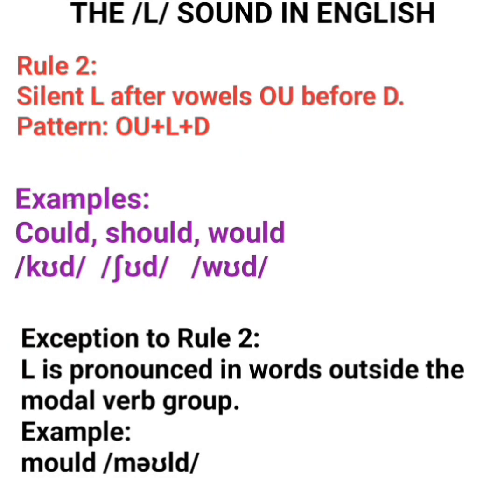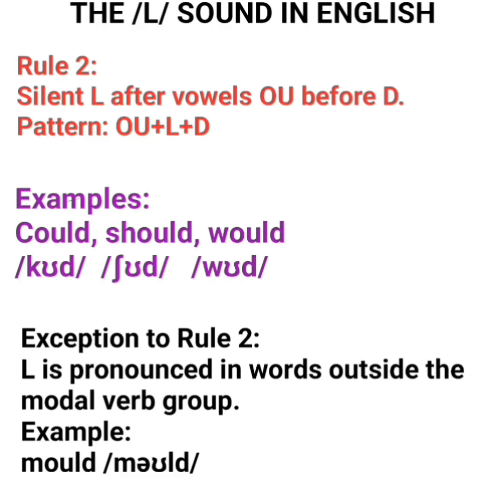Rule 2 of silent L: L is also silent after the vowels OU before D. What is the pattern? Check the pattern. It means that we have OU plus L plus D. So whenever we see something similar, especially in our modal auxiliary verbs, should, could, would, in all those words L will be silent.